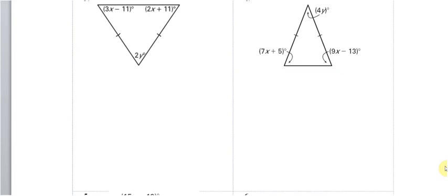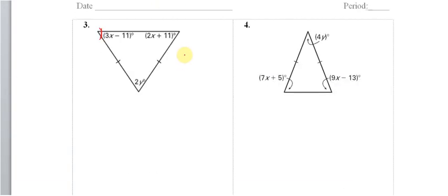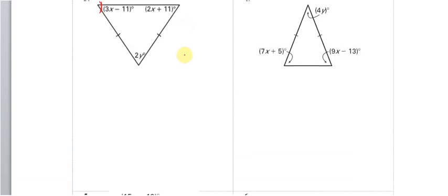Now we're going to continue solving some slightly different problems, and in this case we have a triangle that we know nothing about except for some expressions. We know that it's an isosceles triangle, so one of the things that we can mark here is that this angle here must be exactly equal to this angle over here.